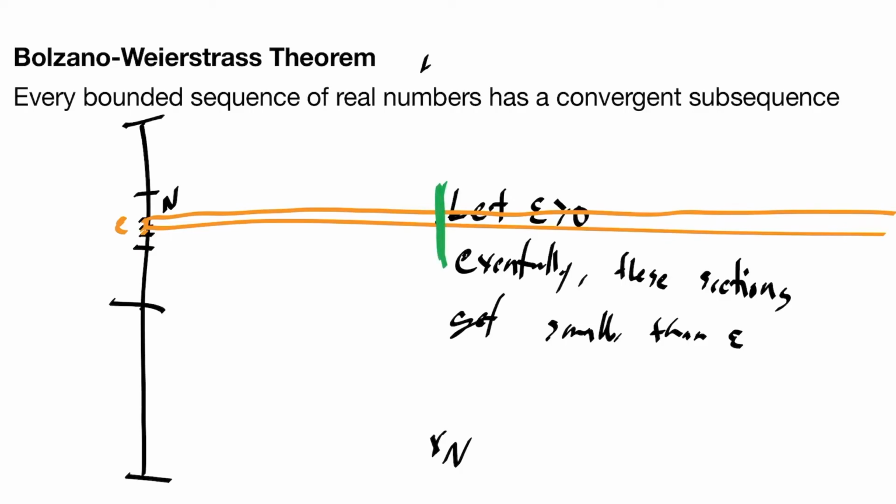Every point after that is guaranteed to be within epsilon in that section. So we've made our sections smaller and smaller by dividing our interval each time, but each section has an infinite number of points.